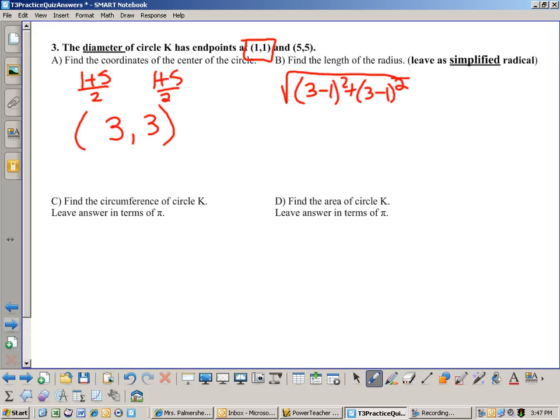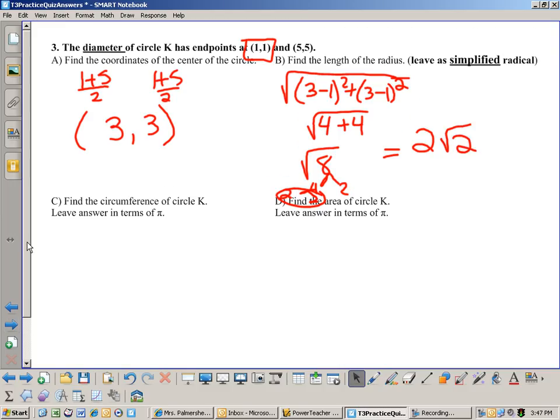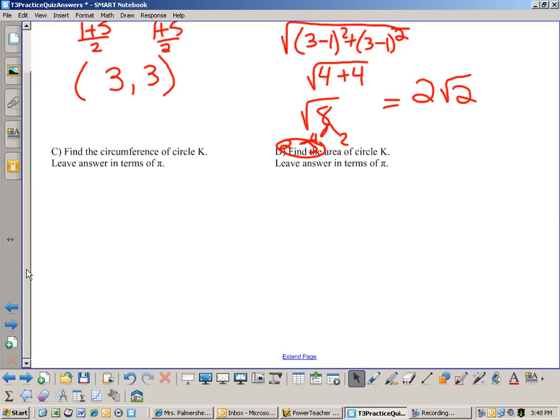3 minus 1 is 2, squared is 4. 3 minus 1 is 2, squared is 4 again. So we have the square root of 8, which can be 4 times 2, which is 2 times 2. So we have a pair of 2's here. So our radius is 2 radical 2, which takes us to the circumference.